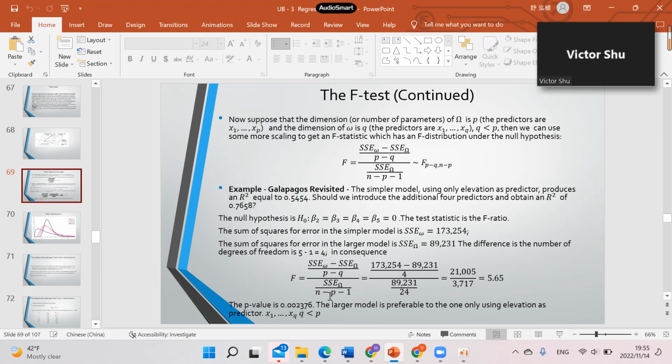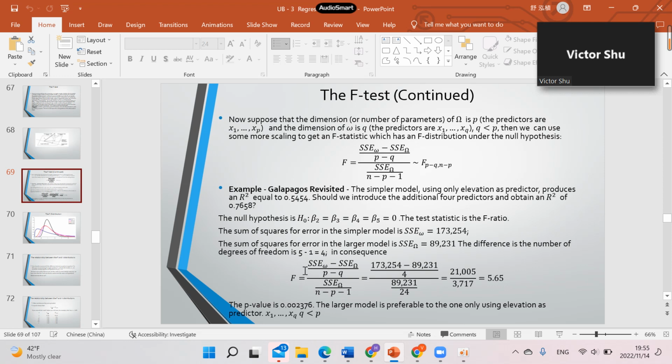The formula is here. The lowercase omega stands for the simpler model, in this case the one predictor model, and the uppercase omega stands for the full model, in this case the 5 predictor model.